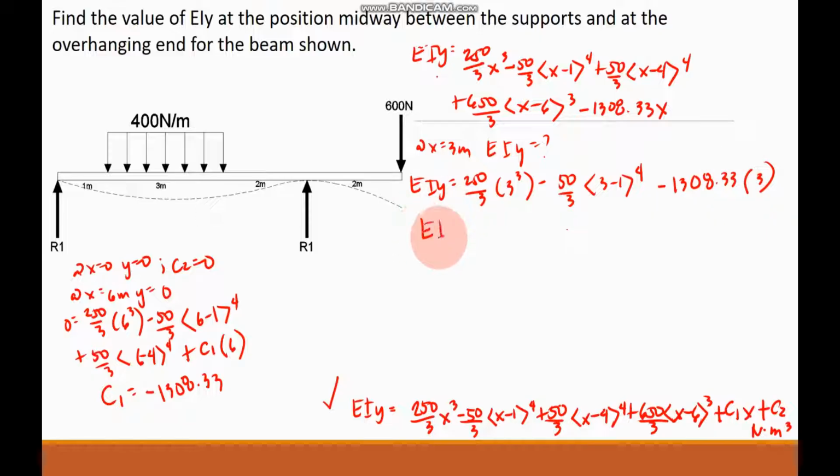Therefore, our EIy is equal to negative 1,941 Newton dot meter cube. So ito yung answer natin between the supports.